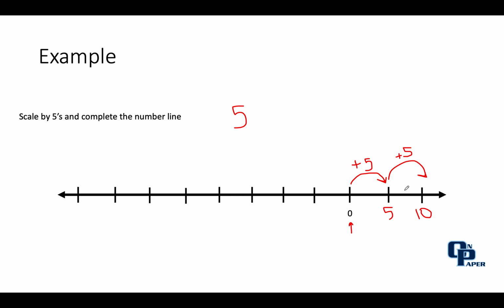So we've run out of tick marks to the right. So if we go back, we've got a lot of tick marks to fill in over here. And if we move left, instead of adding, remember we are going to subtract. Yes, subtract 5. 0 minus 5 will get me negative 5. Again, moving backwards, minus 5. And again, remember our math for this one. We would type in negative 5 minus 5 to get us negative 10.